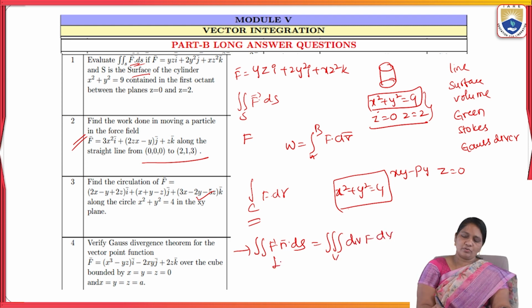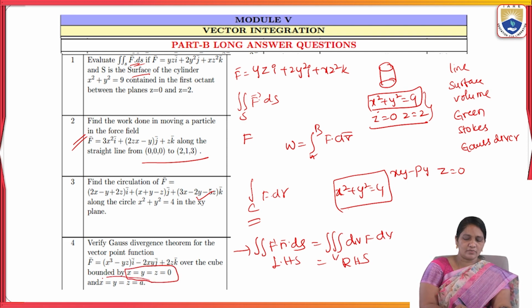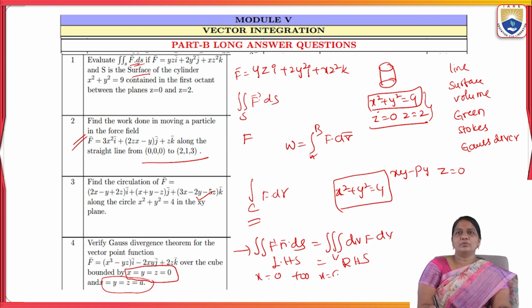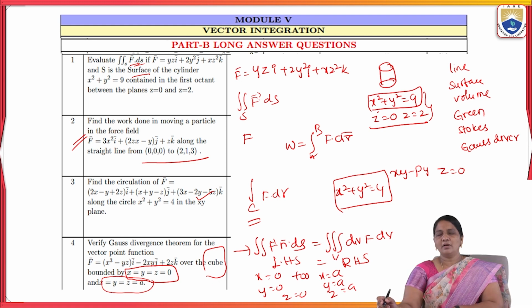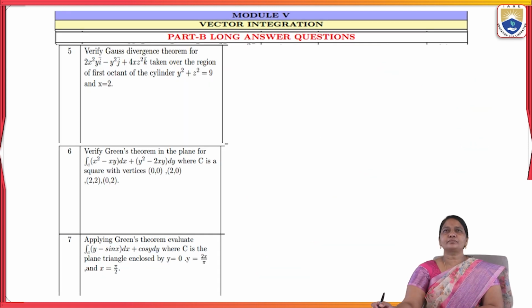So you have to calculate both values and show LHS equal to RHS by using the limits x equal to 0 to a, y equal to 0 to a and z equal to 0 to a. This is our cube. We already discussed the same problem in the previous questions.